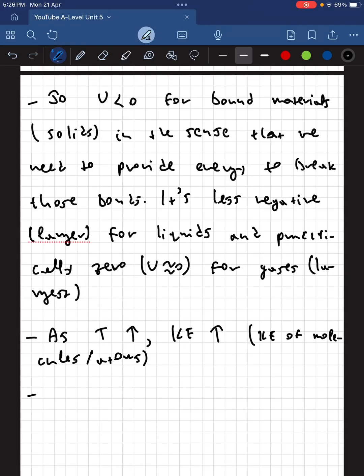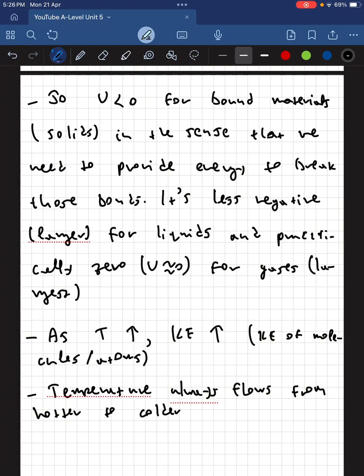Another thing you need to know in thermodynamics is that temperature always flows from hotter to colder objects.